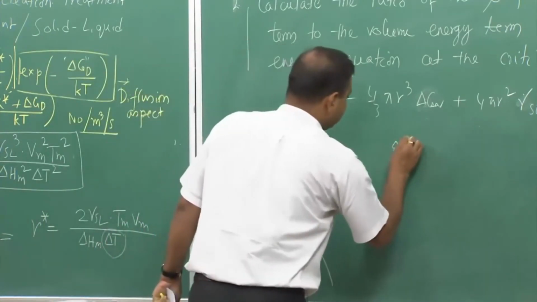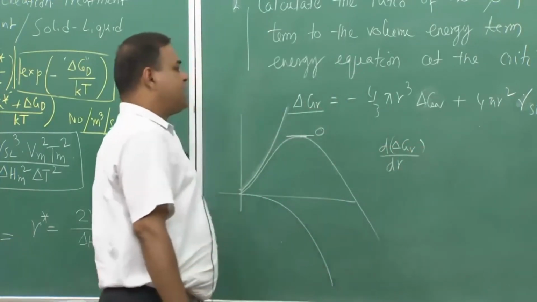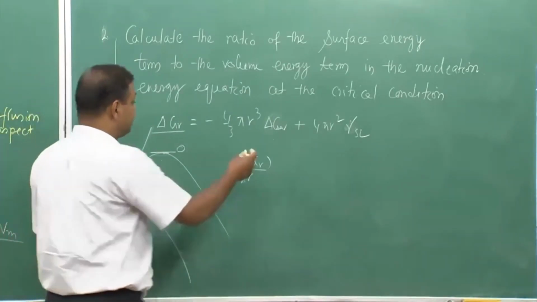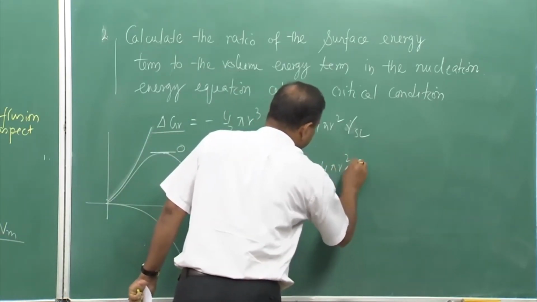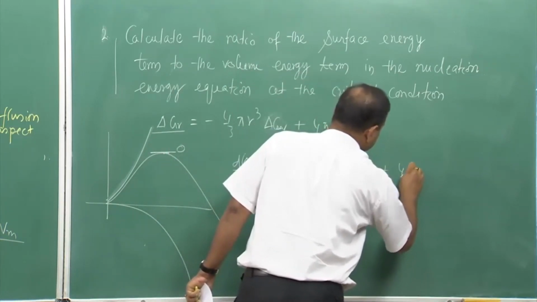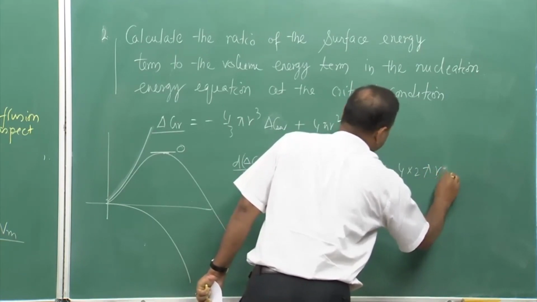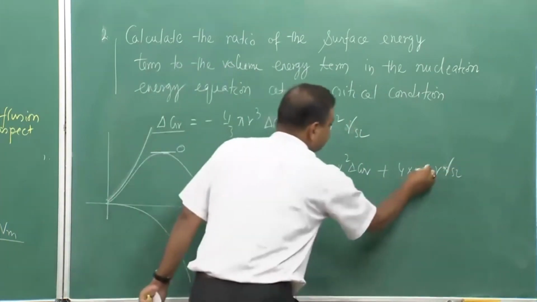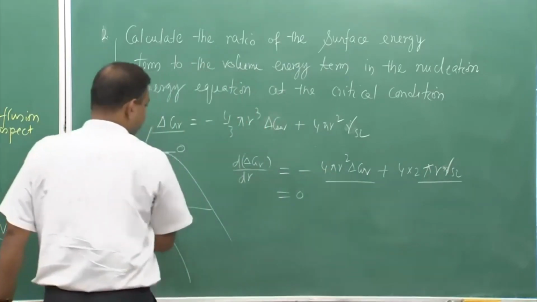So, d delta G R by dr is basically my critical condition, or the critical nucleation condition, which would be minus 4 pi R square delta G V plus 4 into 2 pi R gamma SL. In this case, this becomes 0, the slope becomes 0.